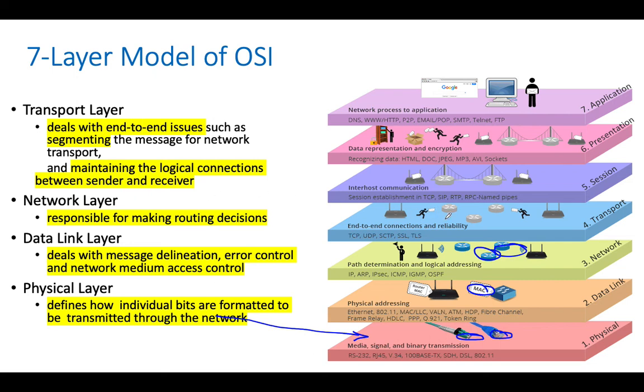The transport layer over here handles end-to-end connection and reliability. The session layer, as you can see here, is about connecting sessions. By the way, that's the session when you connect to your bank, for example, or when you connect to Canvas.